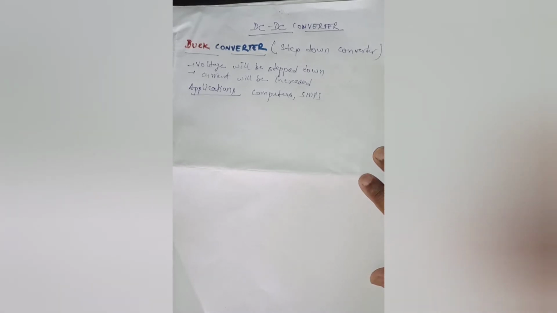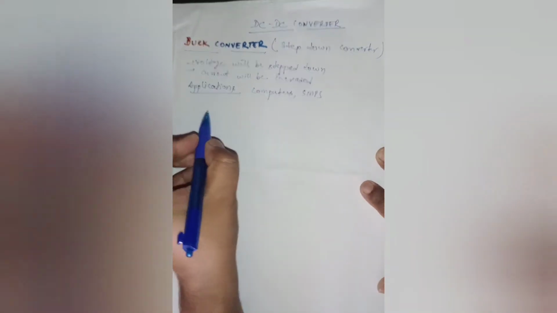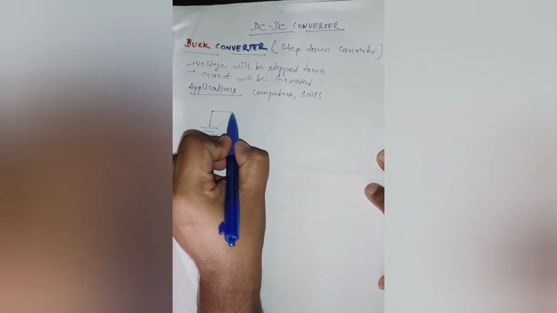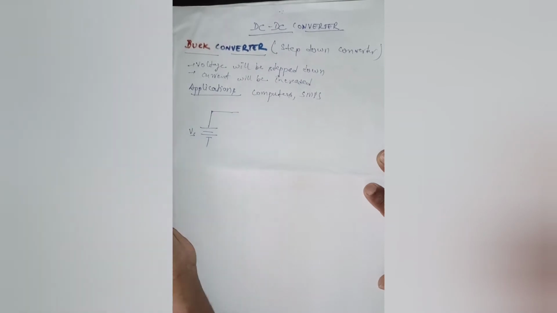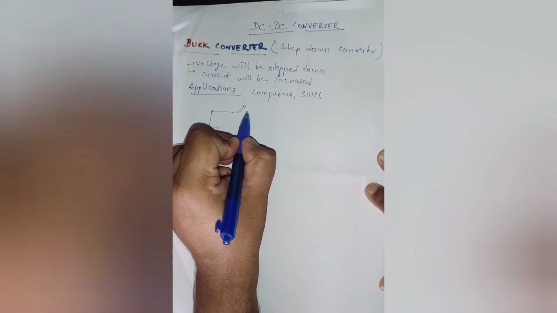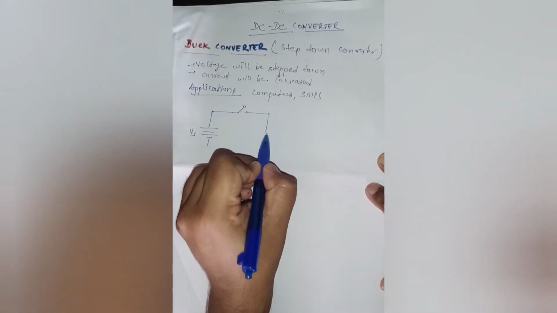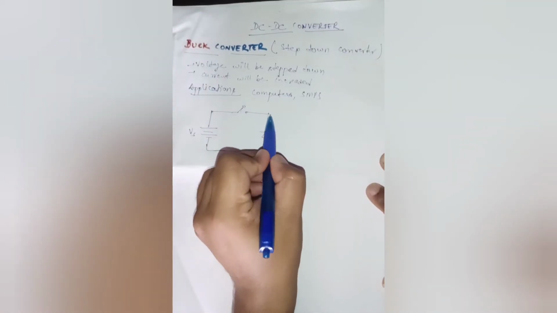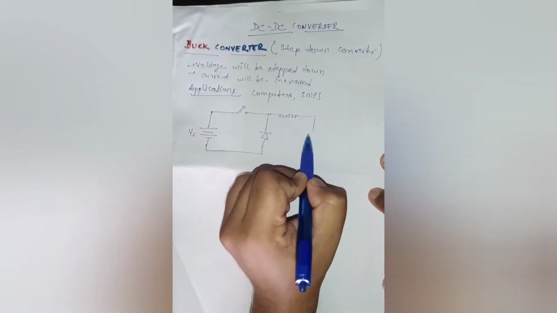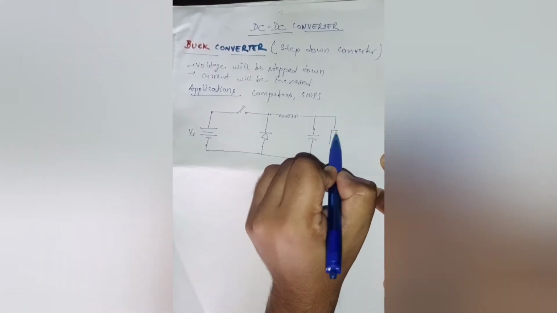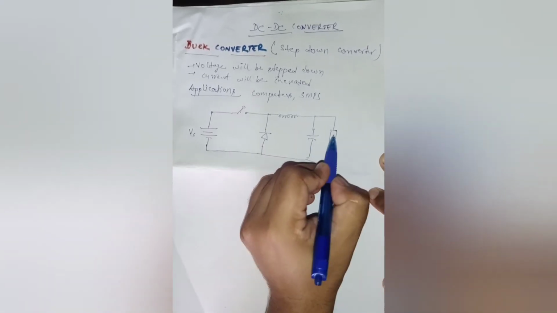So if we talk about the circuit diagram, it will look like this. It will have a supply voltage Vs. This is the DC voltage. Then we have a switch in series and a freewheeling diode, an inductor and a capacitor, and a load connected across the capacitor.